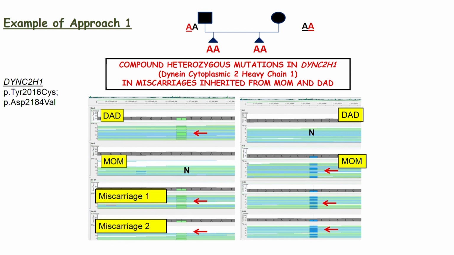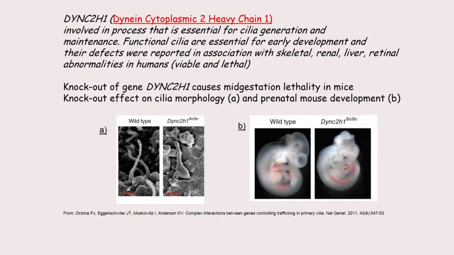So why would this gene and not others be relevant? Because it is involved in a process that is important for cilia generation and maintenance, and cilia are critical for early development, and their defects are associated with many abnormalities of skeletal, renal, liver, retinal, and so on, reported both to be viable and lethal.